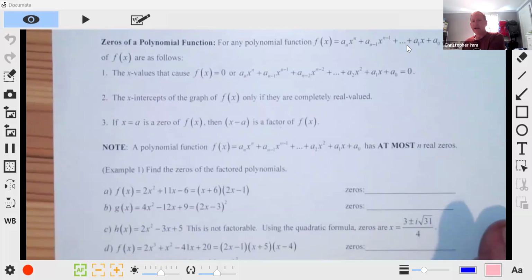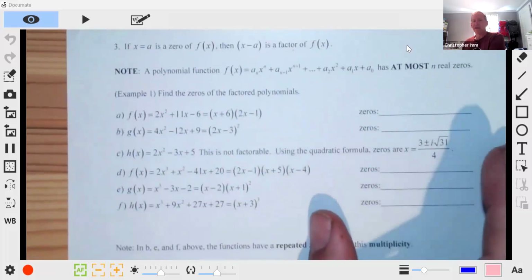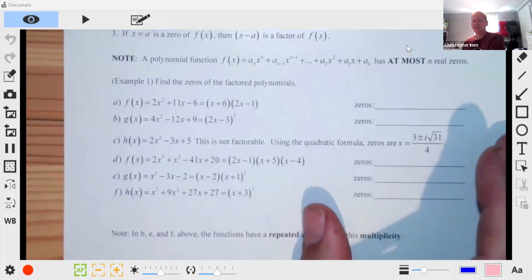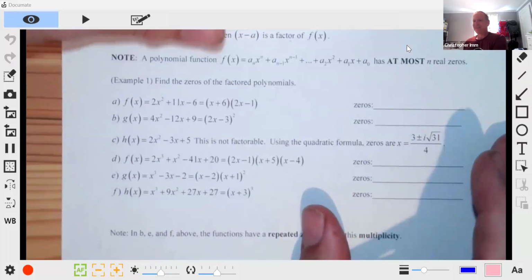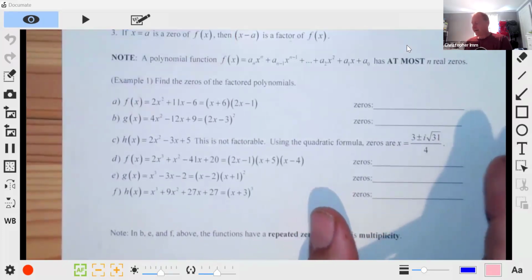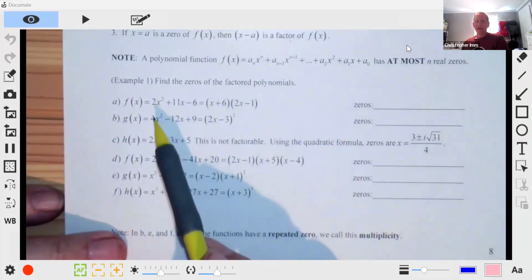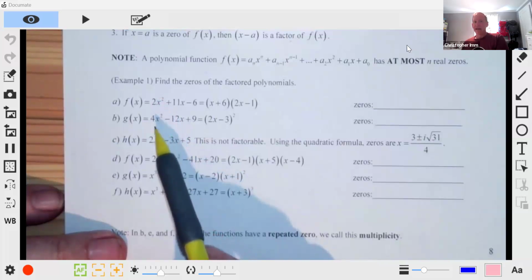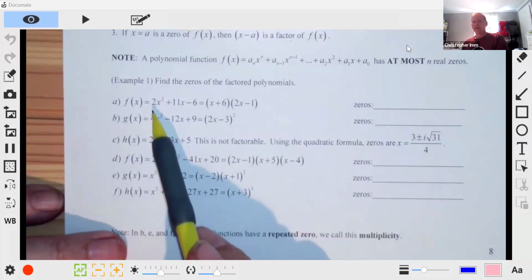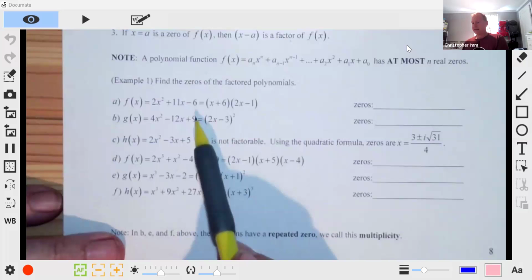So let's look at a few simple examples here. I say simple because we already have these polynomials factored out. Notice that we could find the end behavior from the leading degree and the leading coefficient of these, but we're just looking at the zeros here.